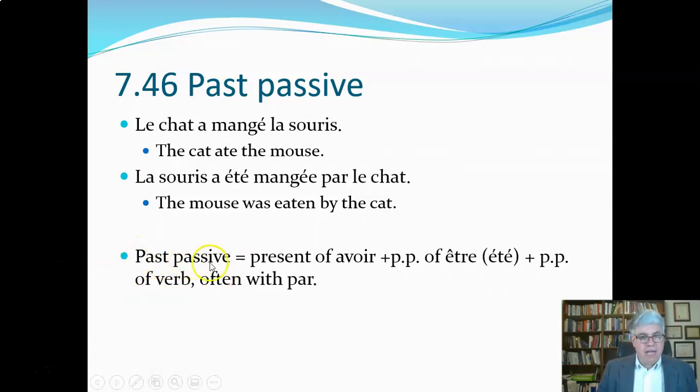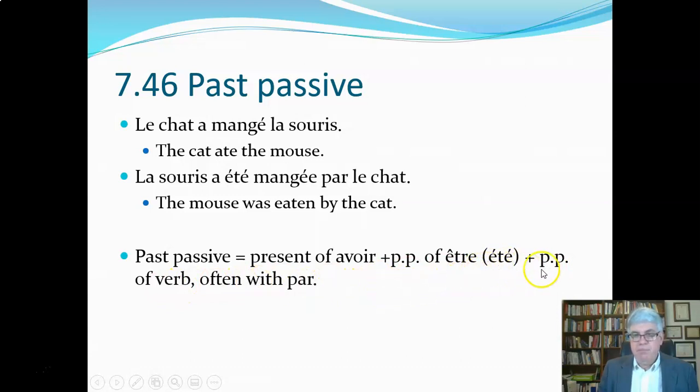So the past passive is the present tense of avoir, the past participle of être. So PP is the participe passé, or the past participle. That's the abbreviation used in the dictionary, so it's good to recognize it, of être, which is été, plus the past participle of a verb, often with par.